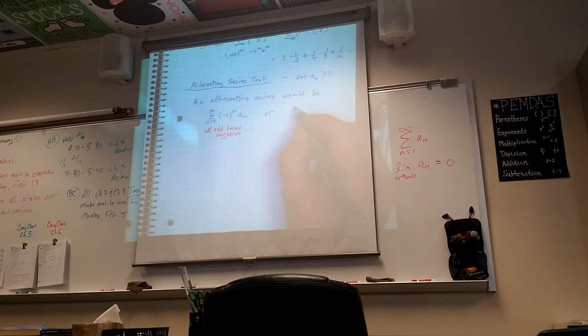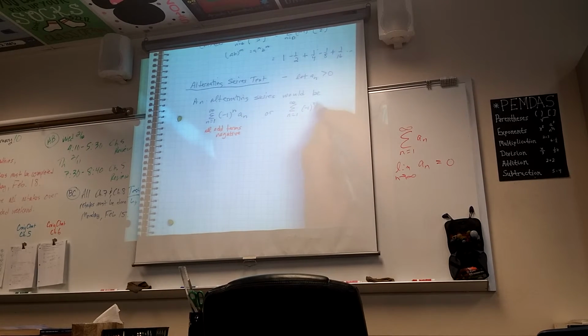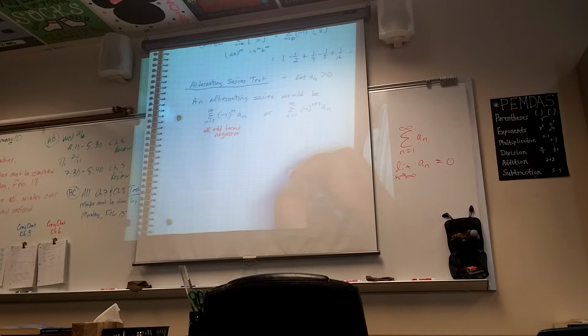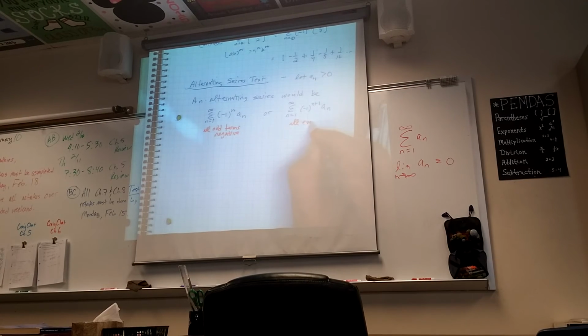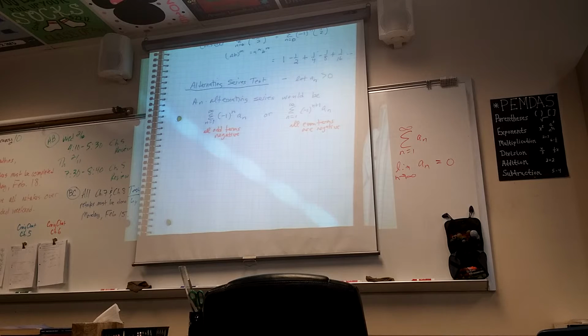Or the series could look like this: -1 to the n plus 1 power times a sub n. Now what's the only difference with this one? Every even? Yep. All the even terms are negative, because if I put an even number in for n, I get an odd power.